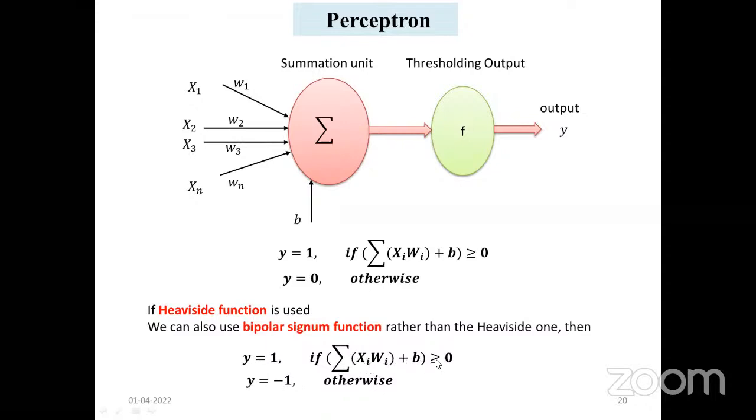If this input is greater than or equal to 0, then the output is 1. Otherwise, the output is -1 here. So you see, in this case, the activation function ranges between 1 and -1, but in this case, it ranges between 1 and 0. So again, just try to remember one thing: in the same layer, we should use the same activation function. We should not use different activation functions.